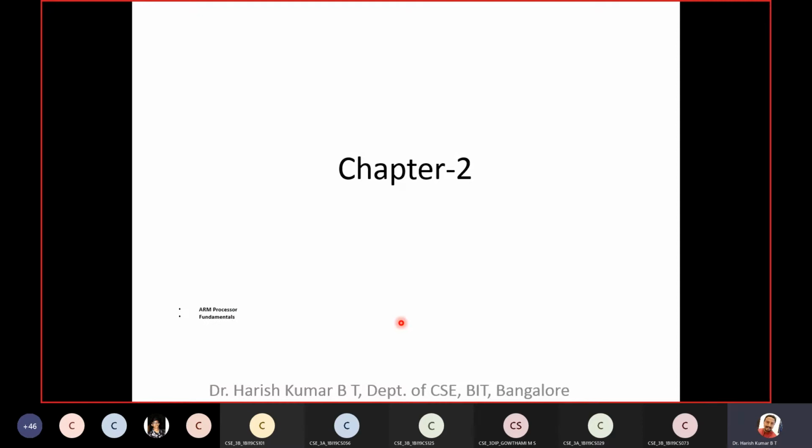Okay. So in the previous class, yesterday's class, we went through the hardware components of embedded system, and then we went through the software components of embedded system. Four major software components of embedded system.